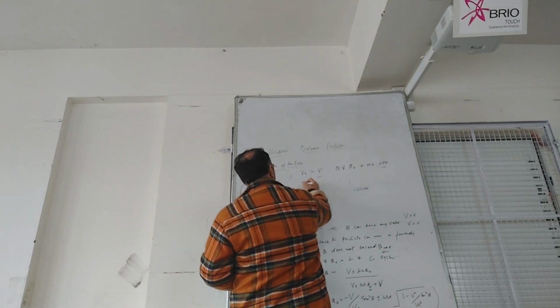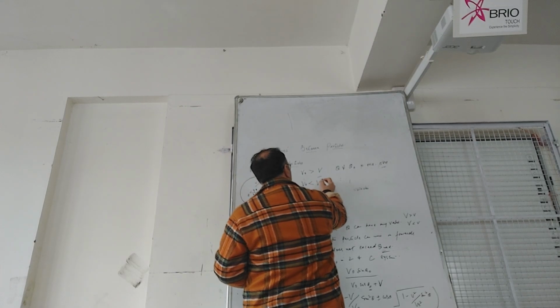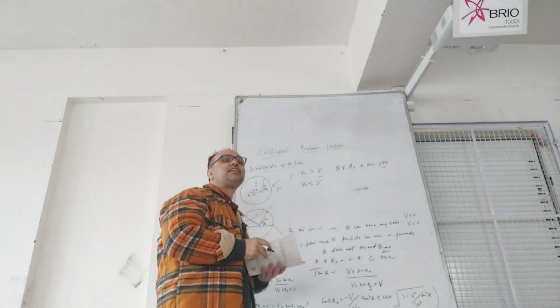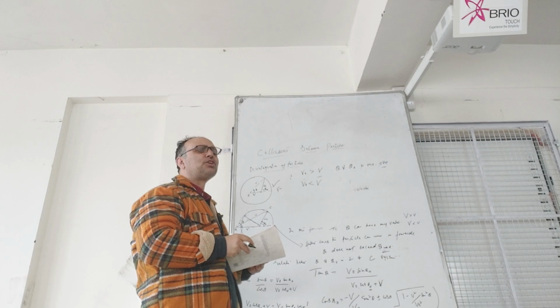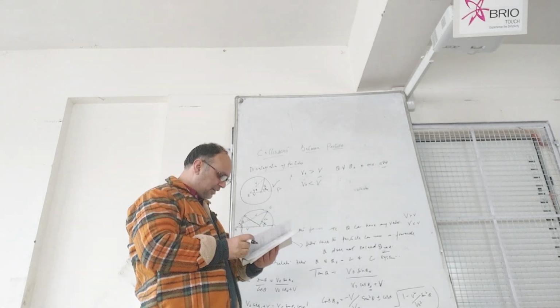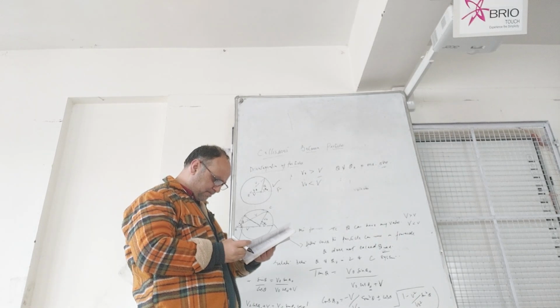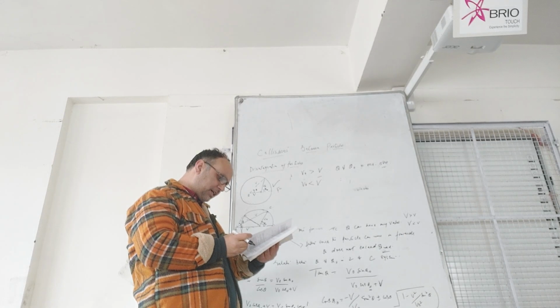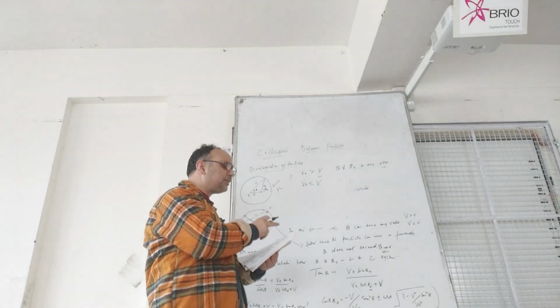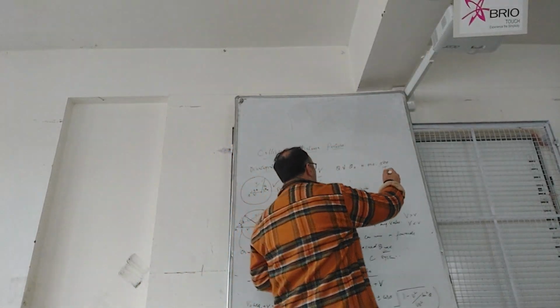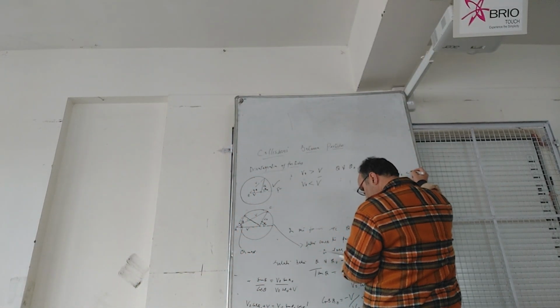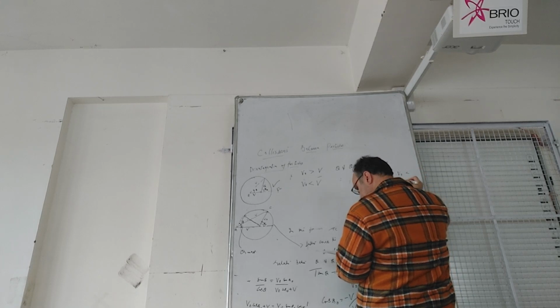However, if V naught is less than V, this is what we did when we started with the lab frame. We said that the velocity of the particle may be V, it may be greater or lesser than this. V may be less than V naught, or V may be greater than V naught.